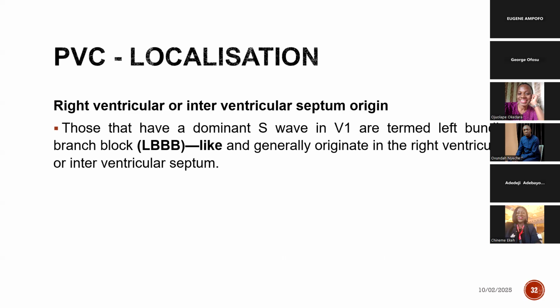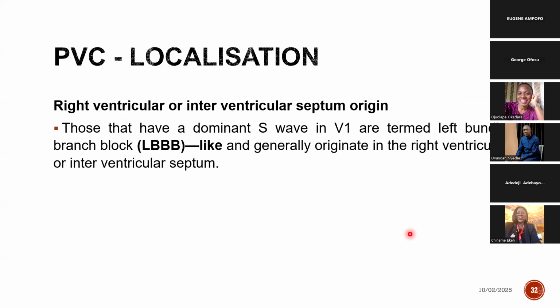So usually if you have a right ventricular or interventricular septum origin, you have an LBBB pattern PVC. This one will have a dominant S in V1 and is usually termed left bundle branch block-like, and it generally originates from the right ventricle or interventricular septum.